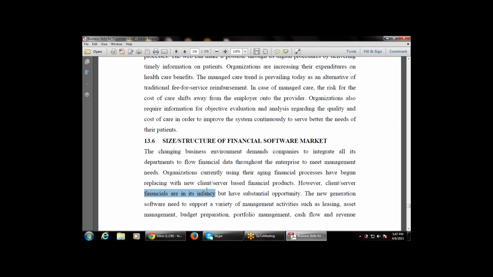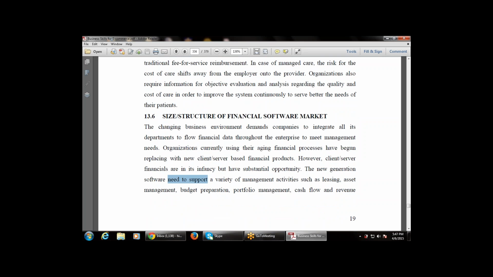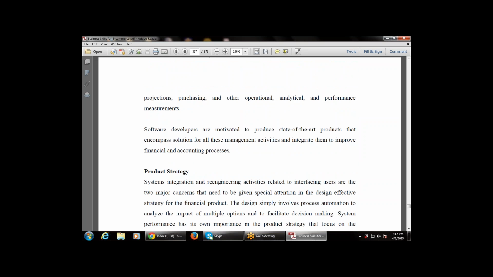However, client server financials are in their infancy but have substantial opportunity. The new generation software needs to support a variety of management activities such as leasing, asset management, budget preparation, portfolio management, cash flows, and so on. Whatever the market condition, the software used also affects the structure of the financial report.